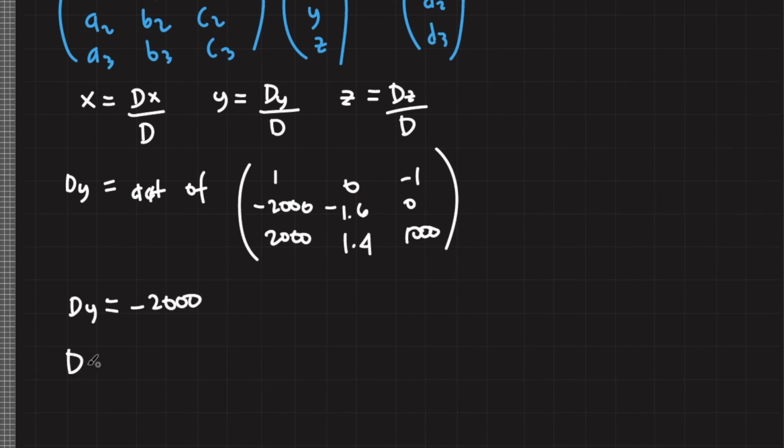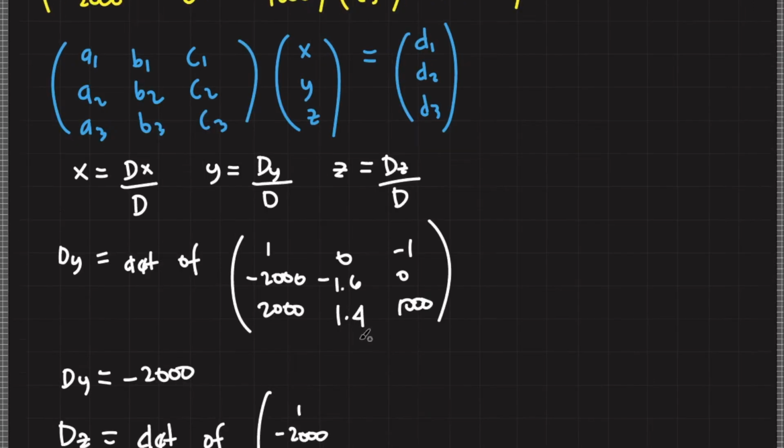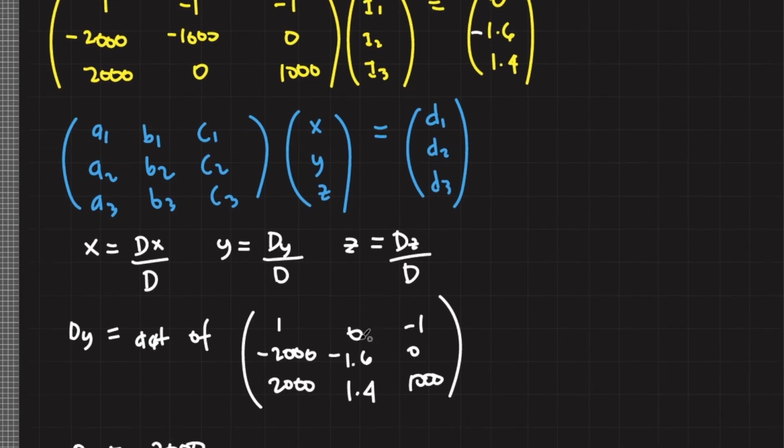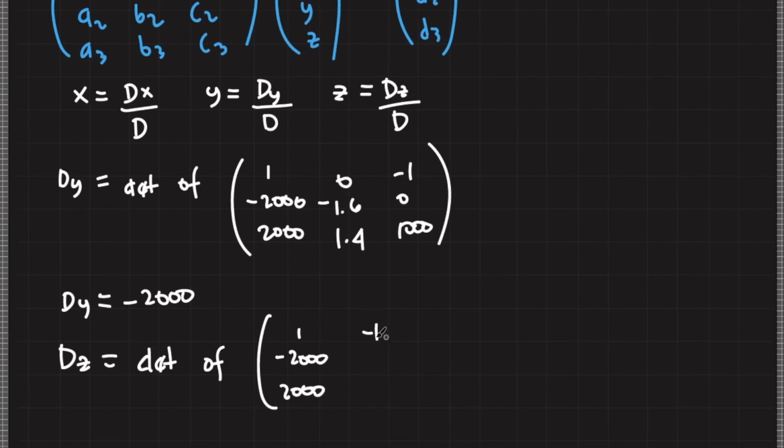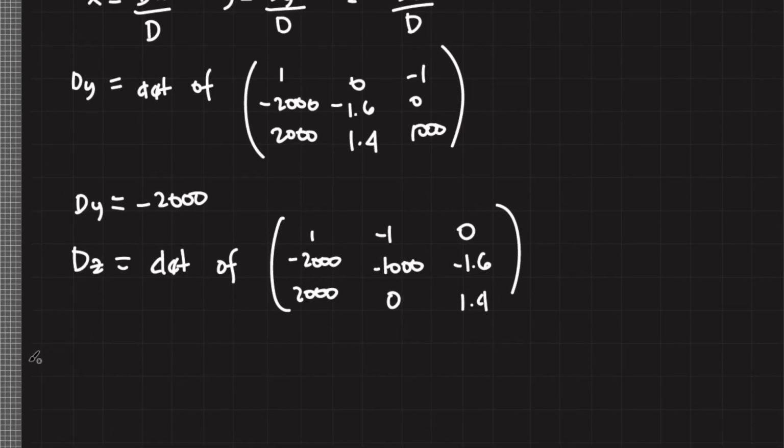Finally, I'll calculate for d sub z. It is the determinant of 1, negative 2,000, 2,000, and then 1, negative 1, 1,000. And then I'll just copy this. So using the calculator, d sub z equals.